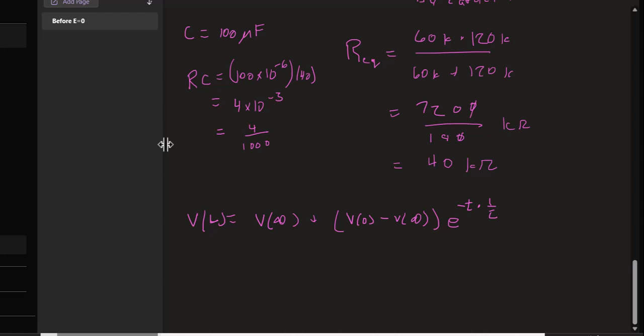So tau was 4 over 1,000, so 1 over tau is 1,000 over 4, which is 250.